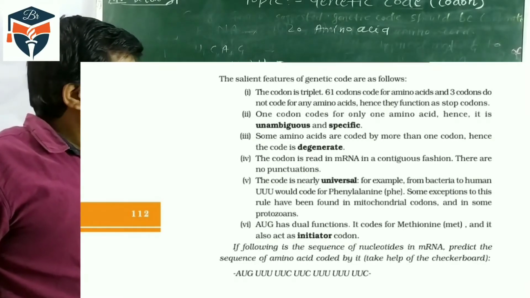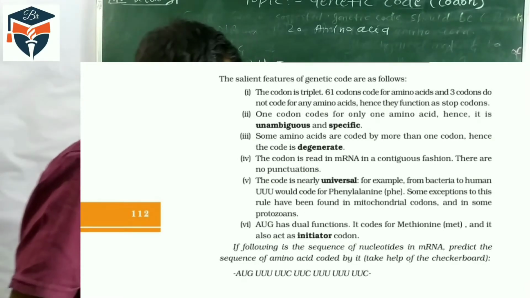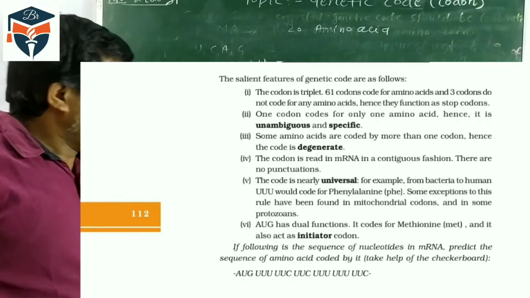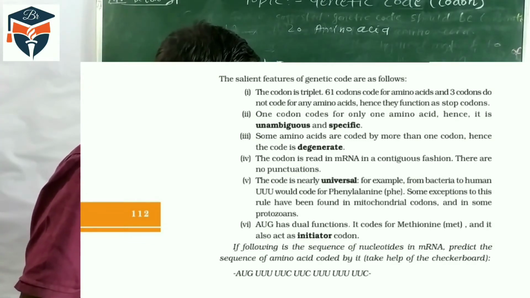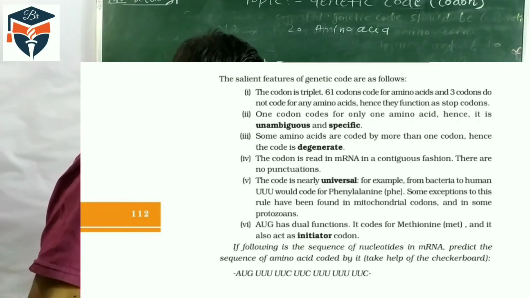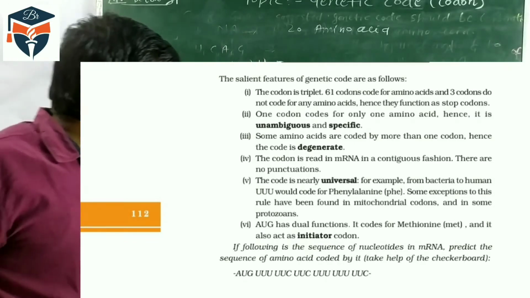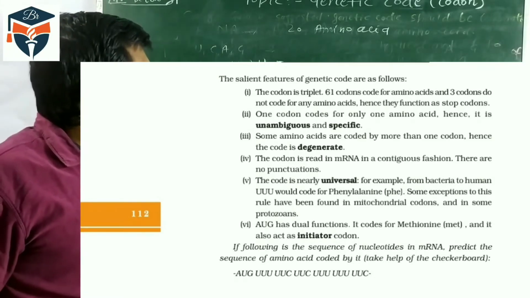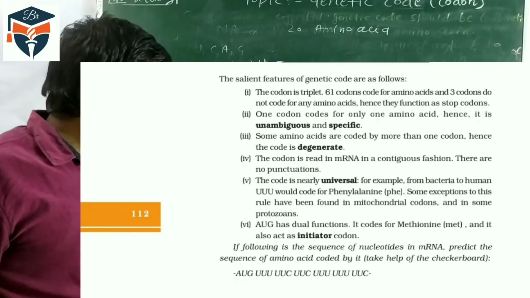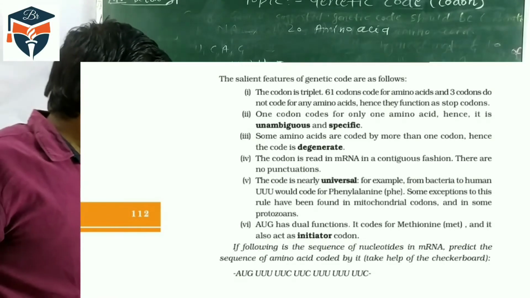Codon is unambiguous and specific: always one codon codes for one amino acid. Codon is degenerate: many codons code for one amino acid. No punctuation, no comma in between. Codon is non-overlapping: this type of overlapping of nitrogenous bases does not take place.